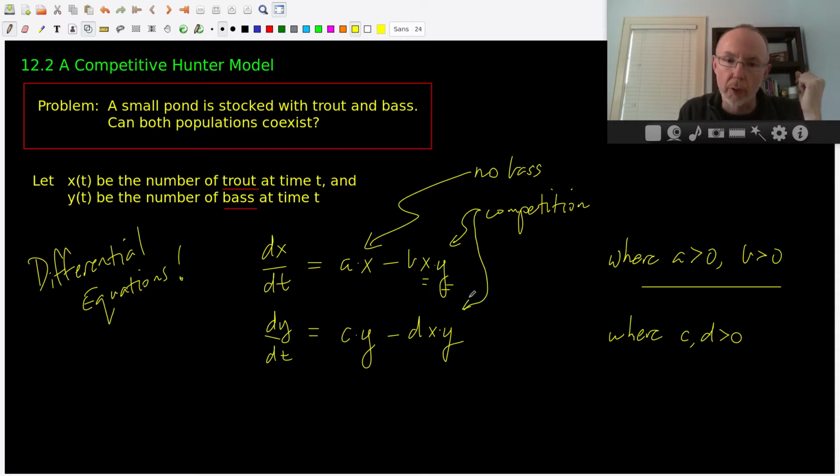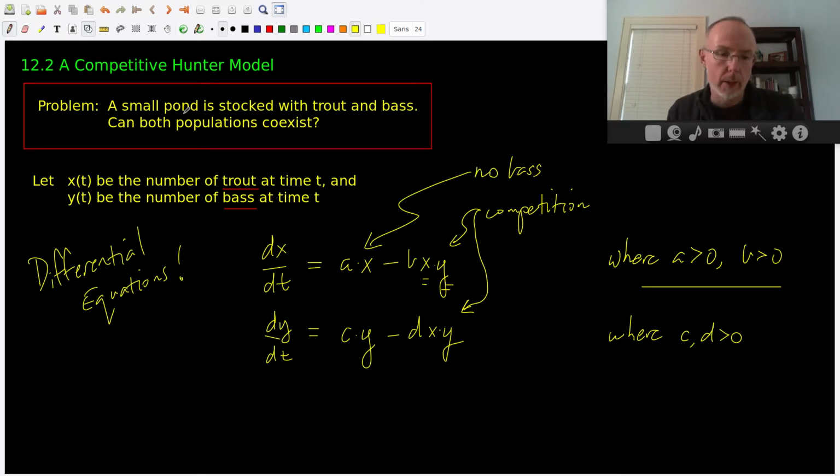So the competition is the second term, and what happens when the species is by itself is the first term, and these are our differential equations to describe the competition of these two hunter species.